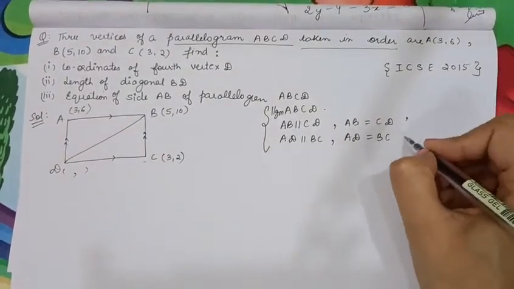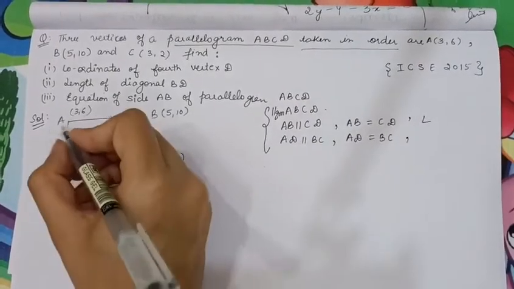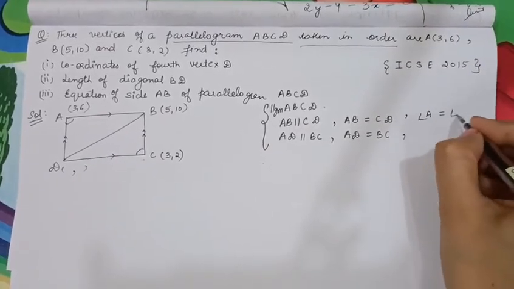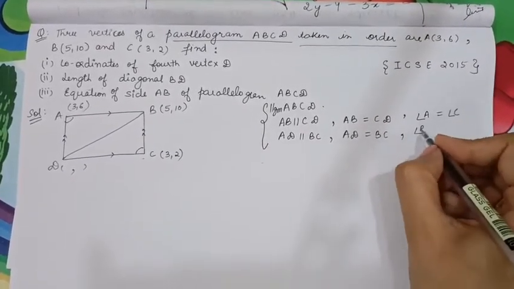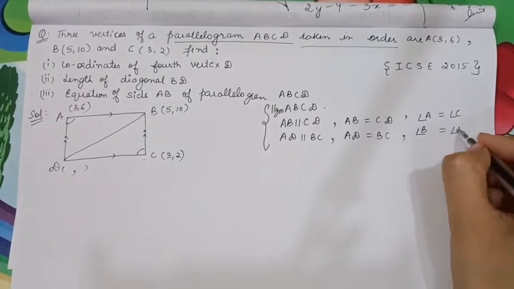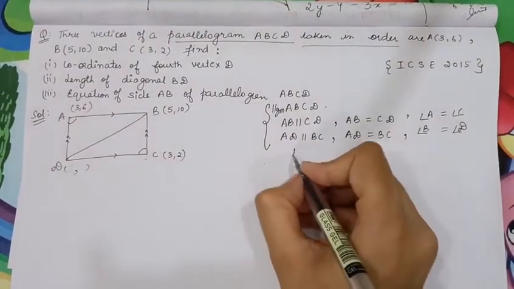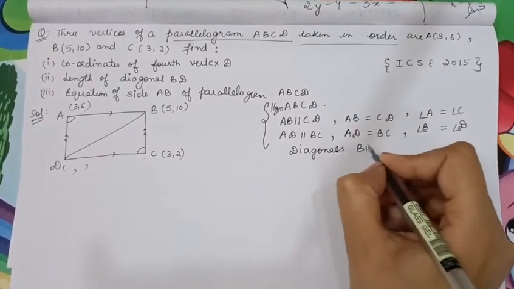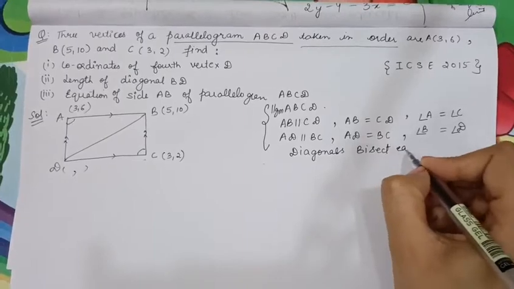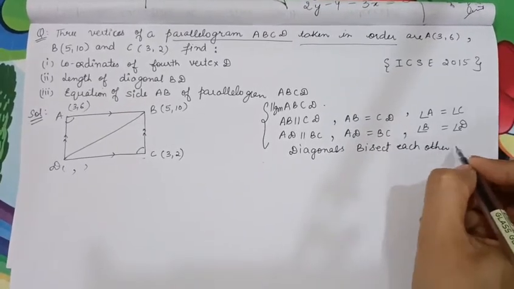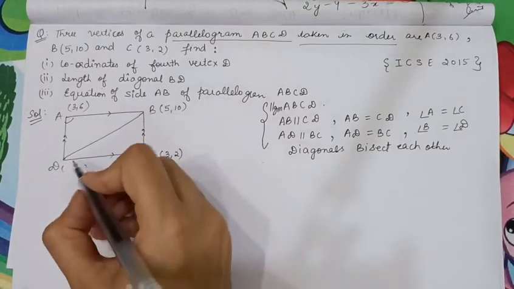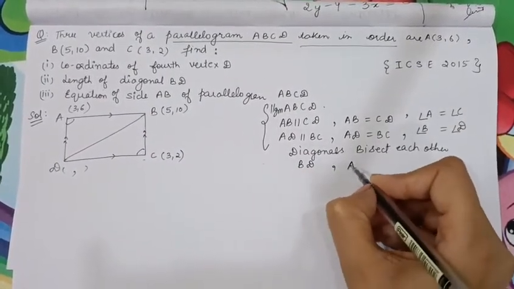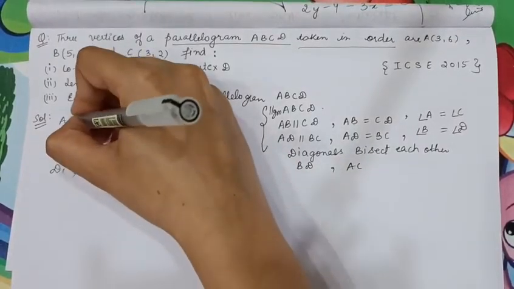Opposite angles are equal. Opposite to angle A is angle C, so angle A is equal to angle C and angle B is equal to angle D. Diagonals bisect each other. The diagonals are BD and AC, and they bisect each other.